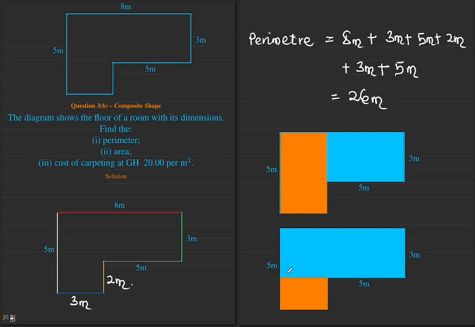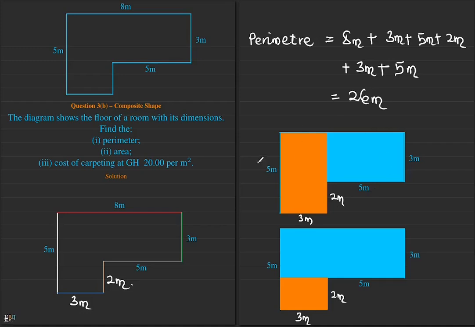Any of them would work. Mind you, you should always take note of the dimensions. So for our calculation here, we have this dimension being a 3 meters. So you put our 3 meters here and then a 2 meters here. So 2 meters and then 3 meters.